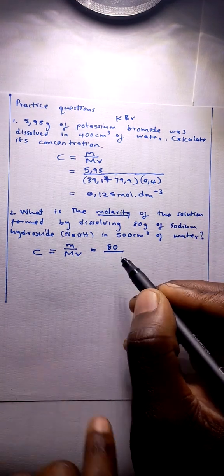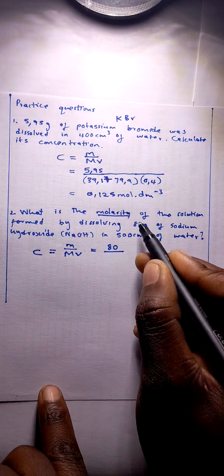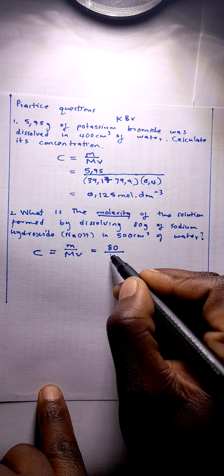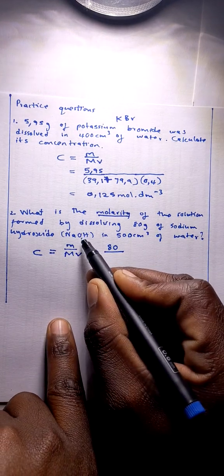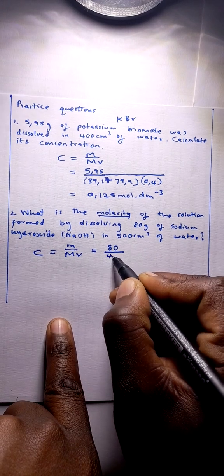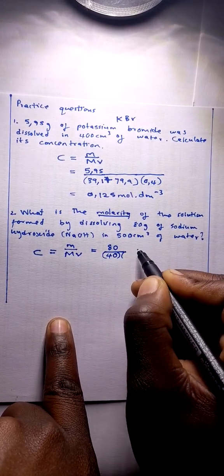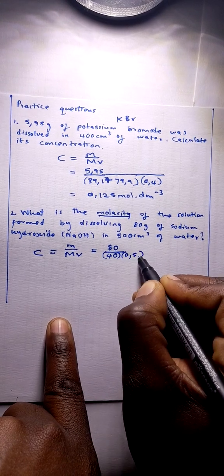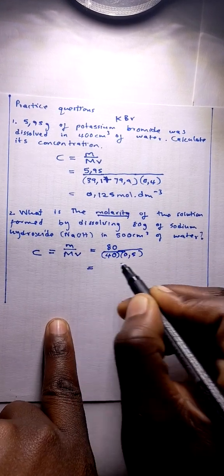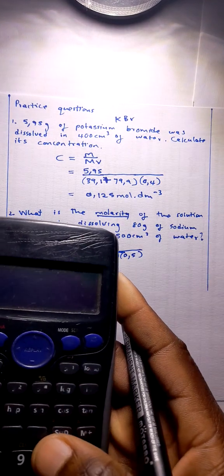All right, and then what's the molar mass of sodium hydroxide? We said it's 23 plus 16 plus 1, so it's 40 multiplied by, what is our volume? 0.5. Remember, you need to convert that. Okay, let's do this together again.